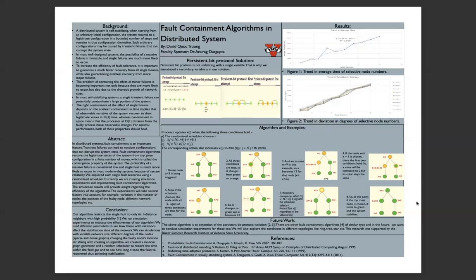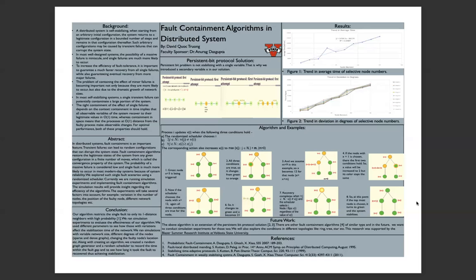So, our future work. The above algorithm is an extension of the POBIT solution 2 and 3. And the POBIT solution you can see right there. This is why we introduce a second variable, x, in our solution.